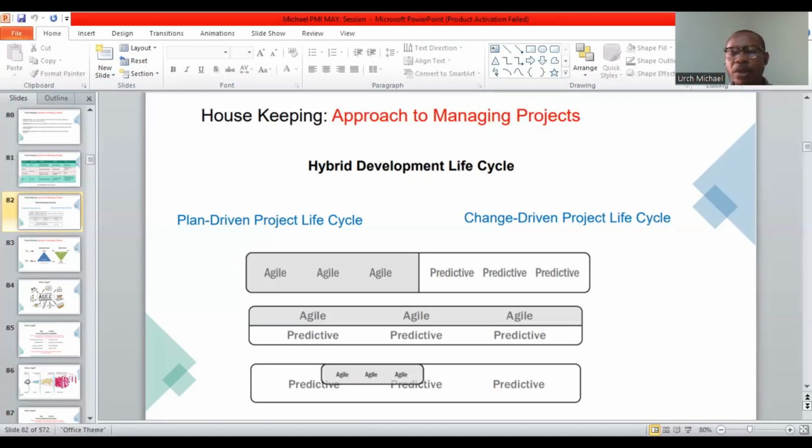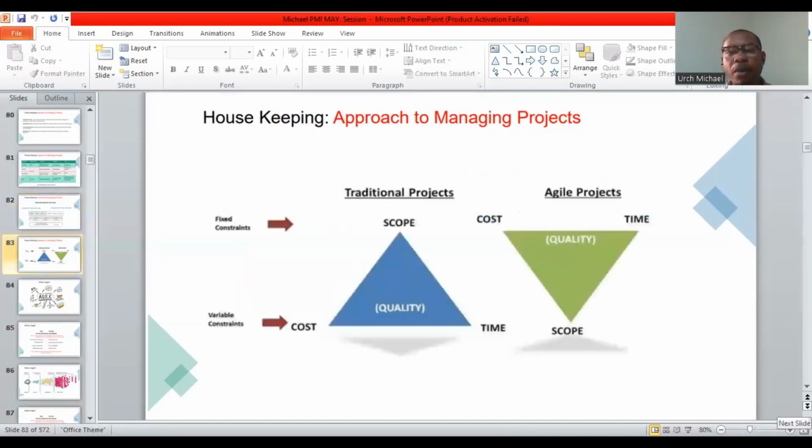So that is how it works in the change-driven project life cycle. If you're facing a project where the scope is not too clear, you're not too sure about the full requirements of the project, then it's advisable that you adopt the change-driven project life cycle, or you call it the Agile life cycle.